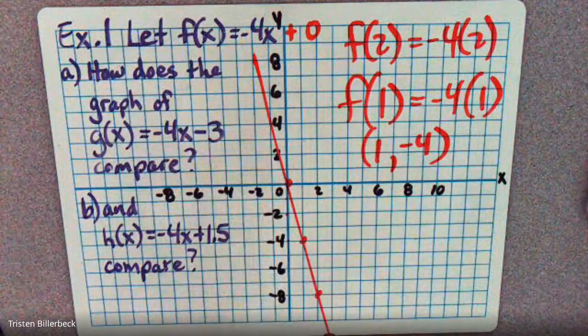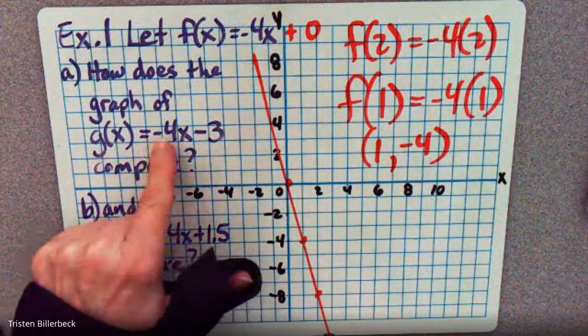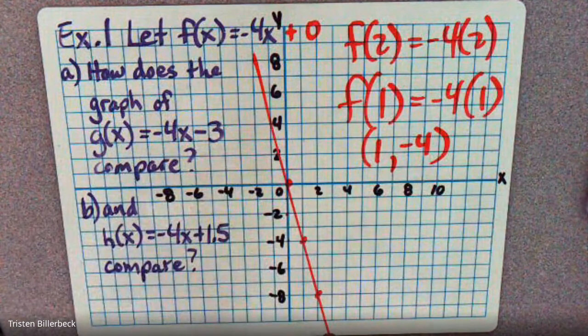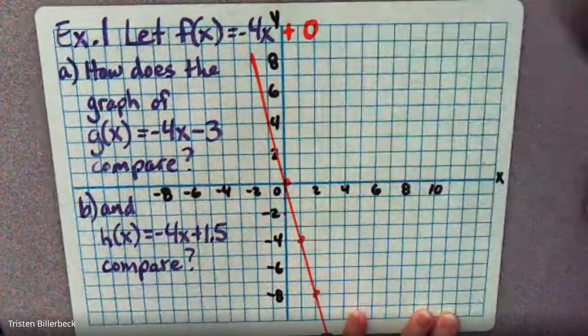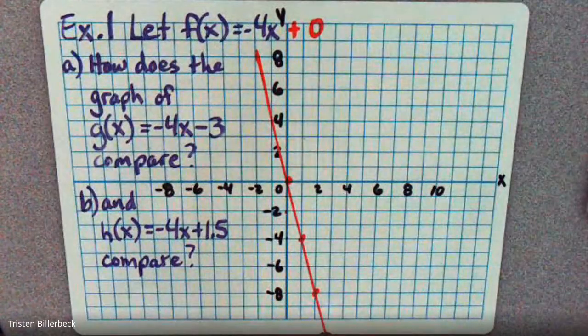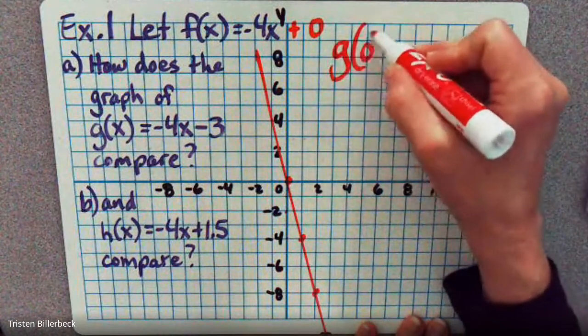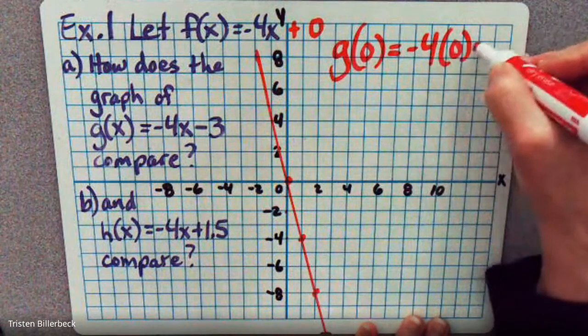Now we want to know, how does this shift? If we have g of x and it is negative 4x minus 3, we're just going to subtract 3 from each one. So if we look at g of 0, we'd have negative 4 times 0 minus 3.